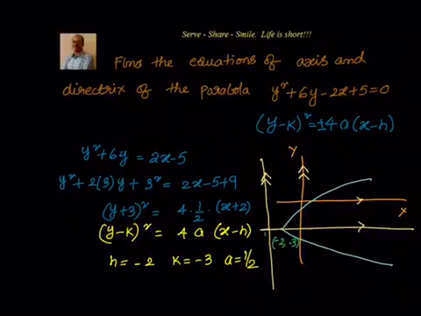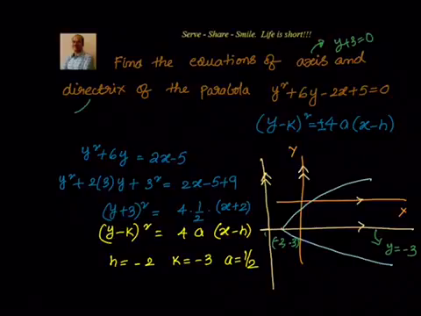On a horizontal line, y coordinate is always constant. That means this equation is given by y equal to minus 3. Y equal to minus 3 is the equation of the axis. So I can go ahead and write down the equation of axis as y plus 3 equal to 0.